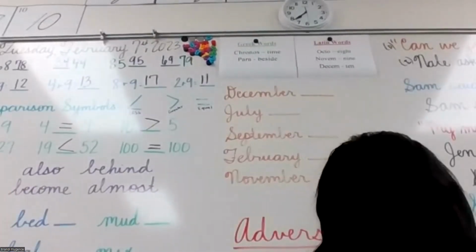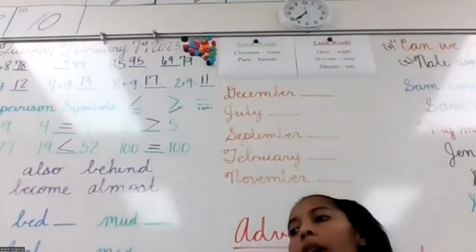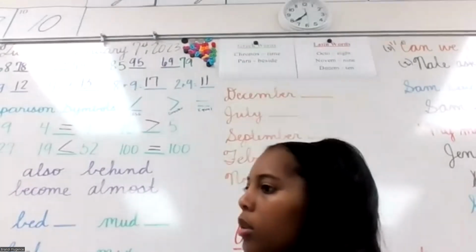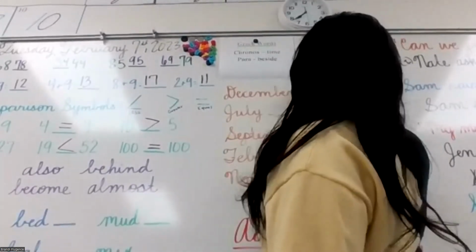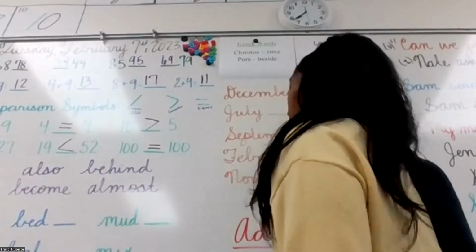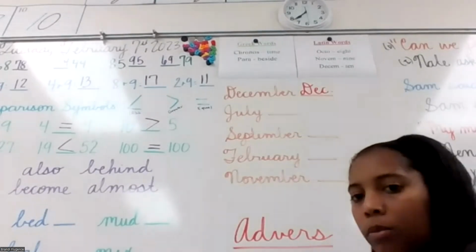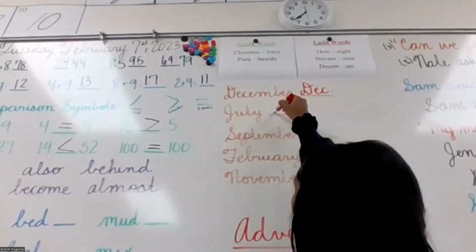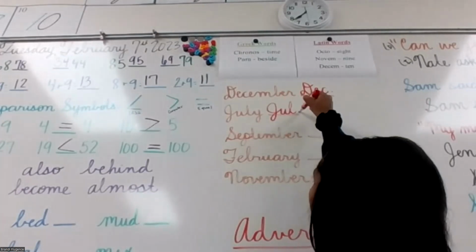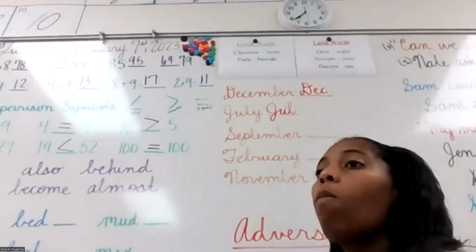All right, so we have December. How would I abbreviate December? Capital D-E-C, dot. Good. July, how would I abbreviate July? Capital J-U-L dot. September, how would I abbreviate September?